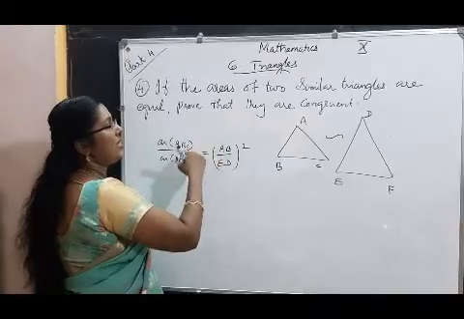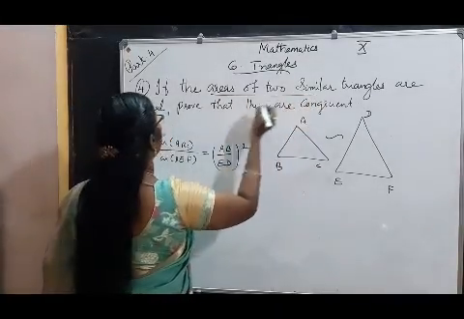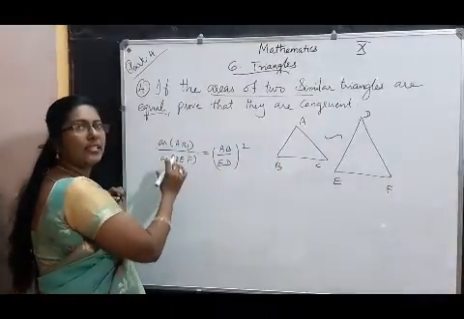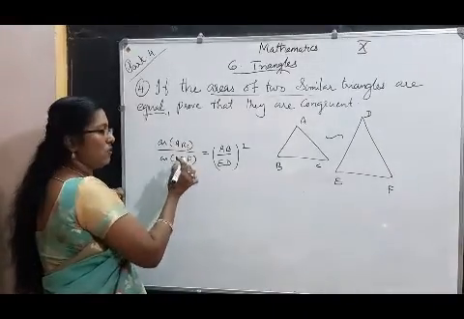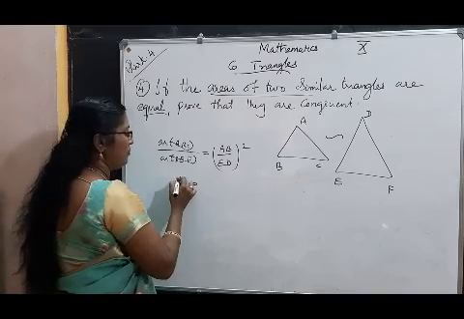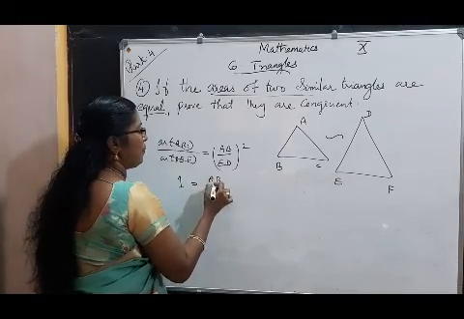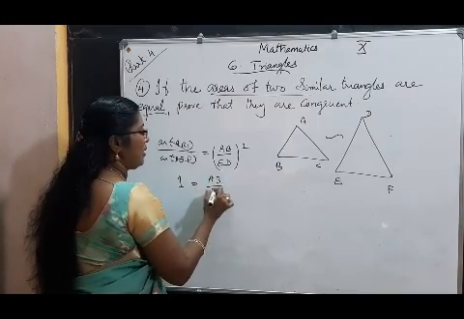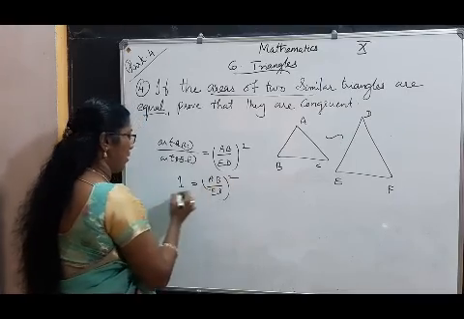Okay. Here what is given? Areas of two similar triangles are equal. Their areas are equal. So these are equal. So we can write this as 1. Cancel by 1. AB by ED the whole square.